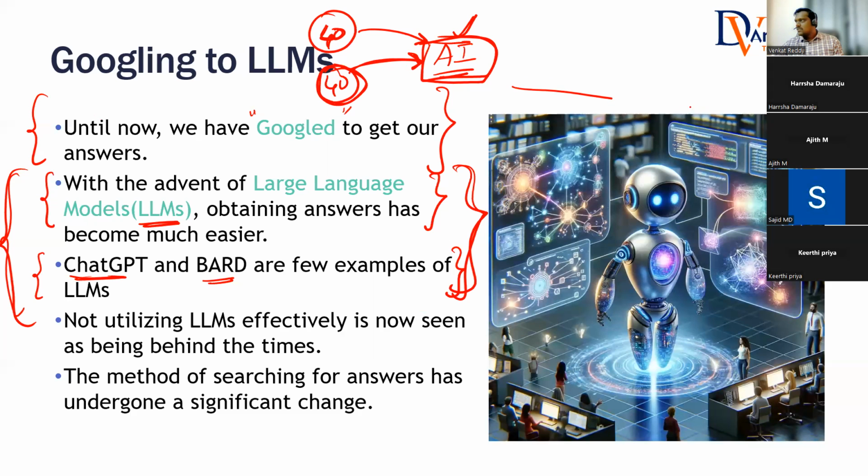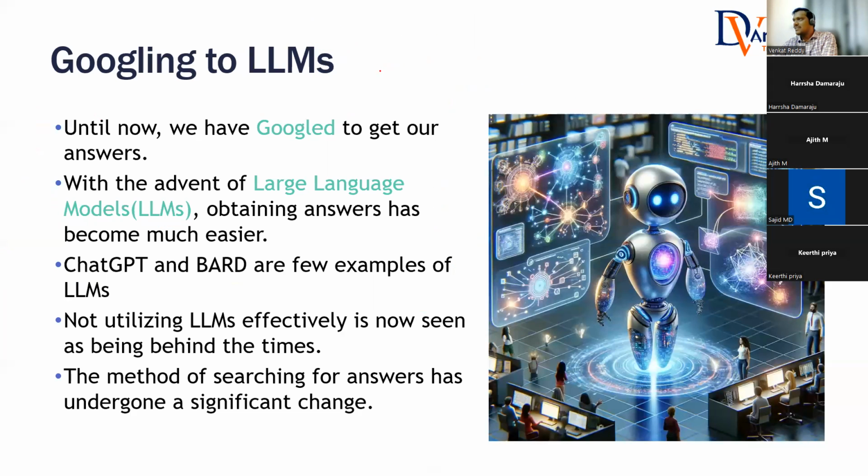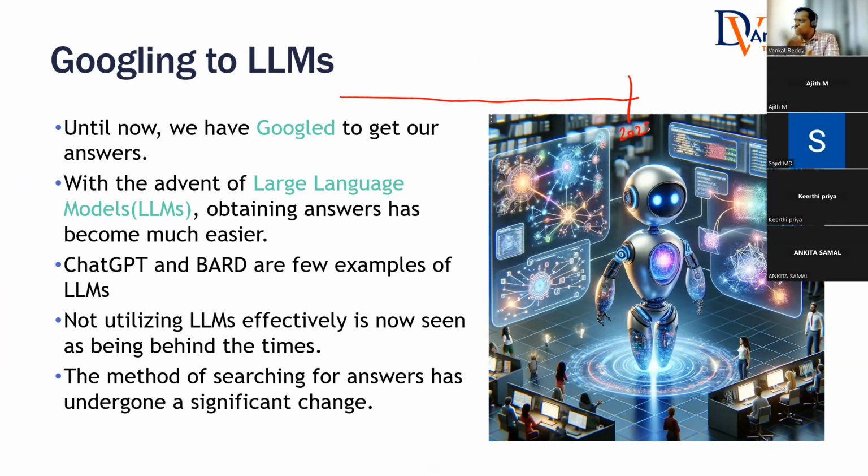Until now, the whole research and development that has happened in AI, let's say until 2020 or 2022, the number of papers published were around 1,000, coming from 1985, where the first artificial neural network came.